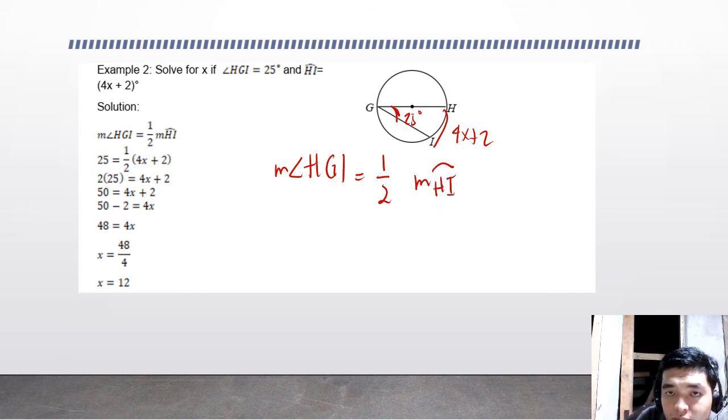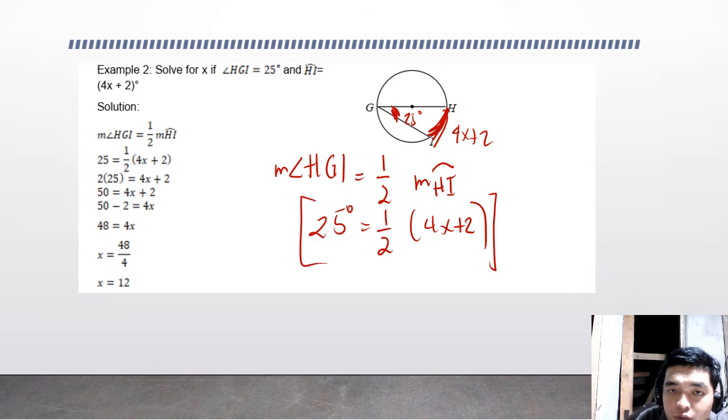To get this angle, it should be half of this arc. HGI is given, so that is 25 degrees. Just substitute, HI is 4x plus 2. Then multiply everything by 2.